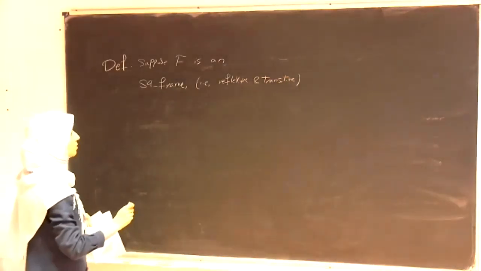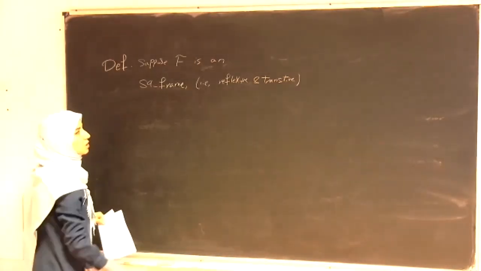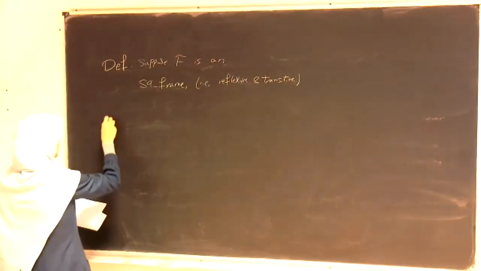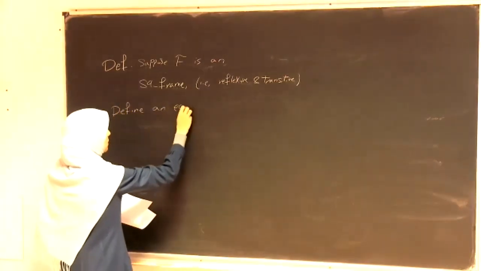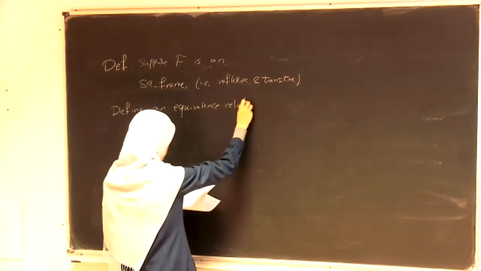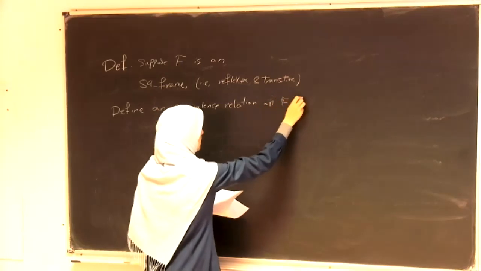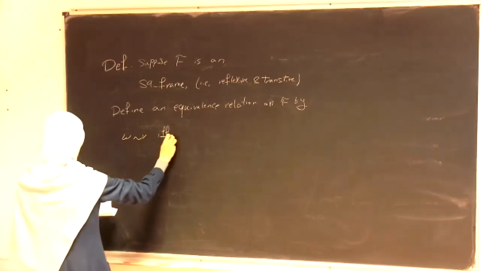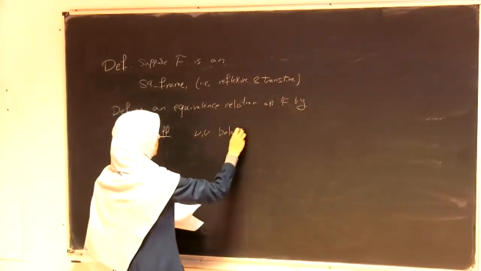Because we know that S4 is complete with respect to reflexive and transitive frames, we sometimes call such frames S4 frames. Define an equivalence relation on F. We say that w is equivalent to v if and only if w and v belong to the same cluster.